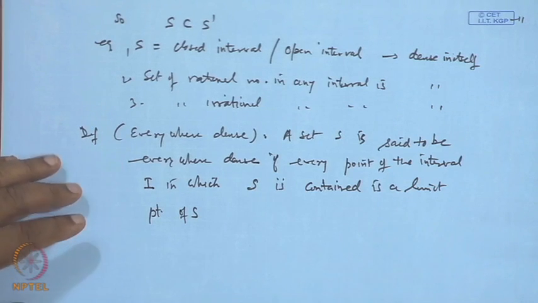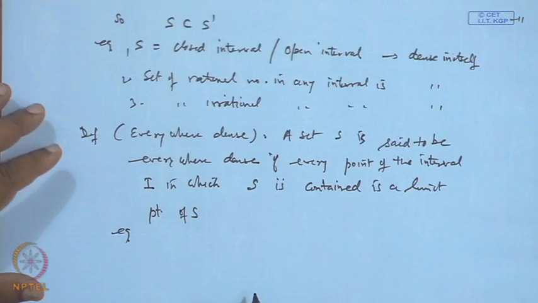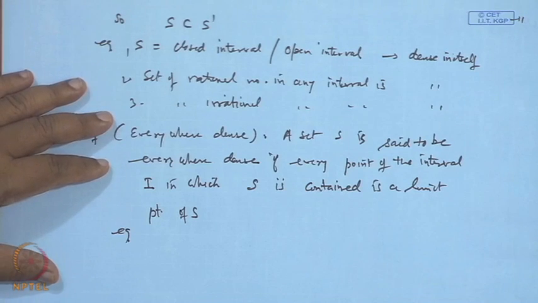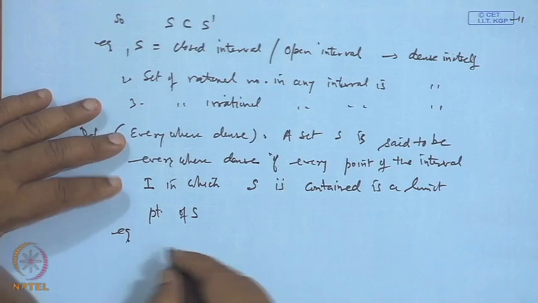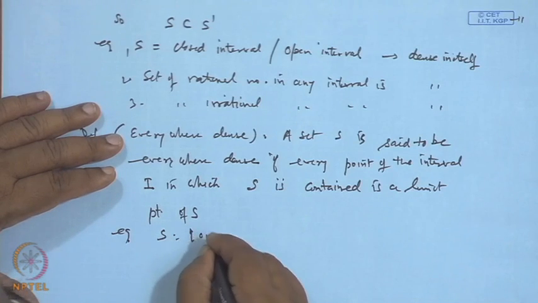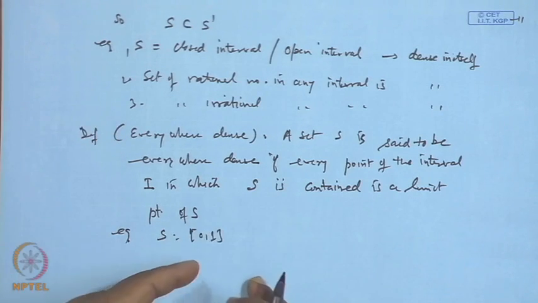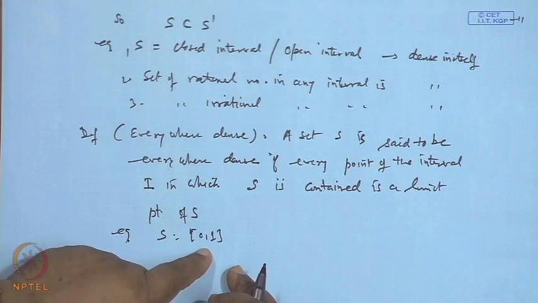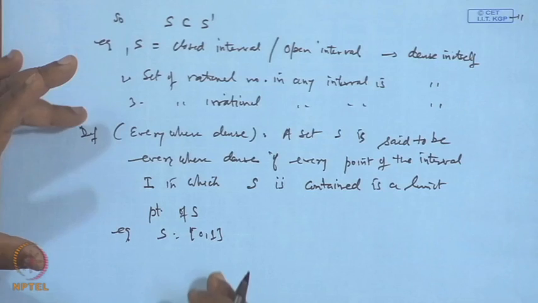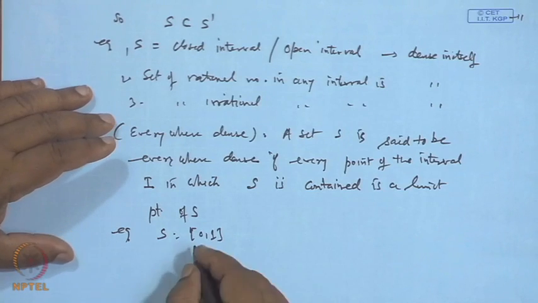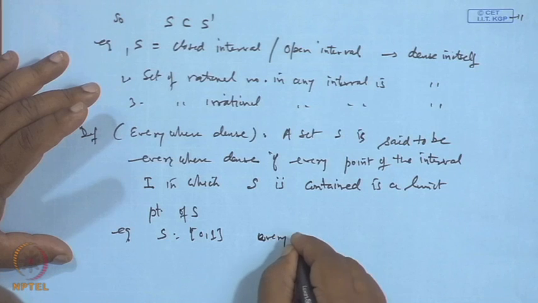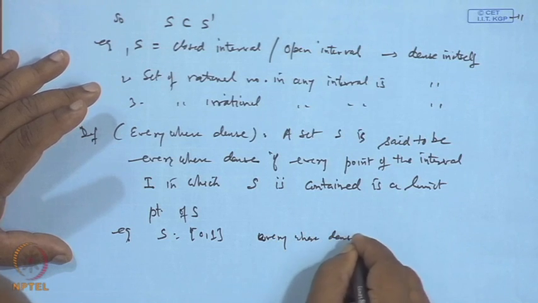For example, if we take S as the closed interval 0 1, then this is everywhere dense, because the interval in which it lies is that closed interval itself.